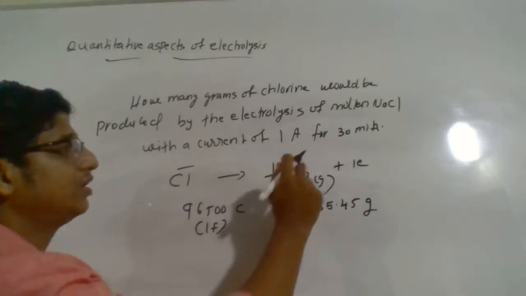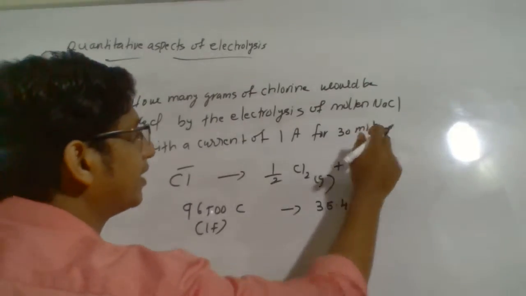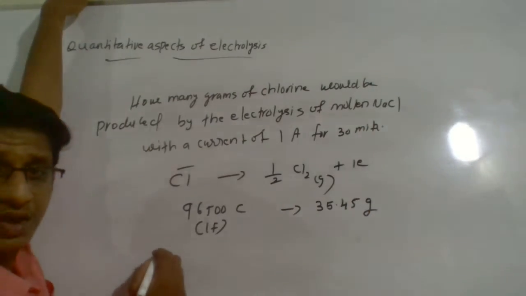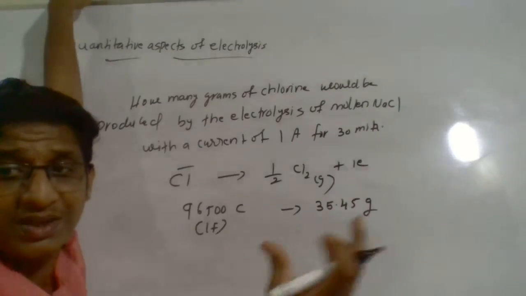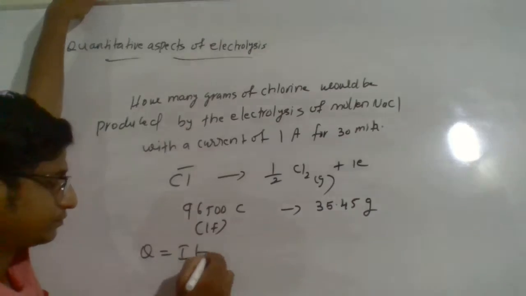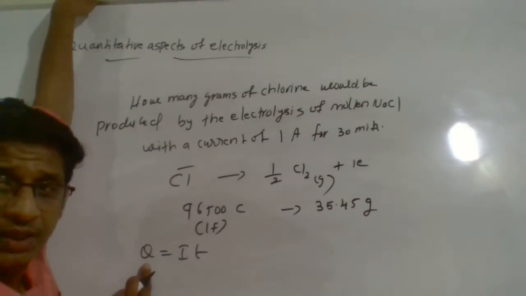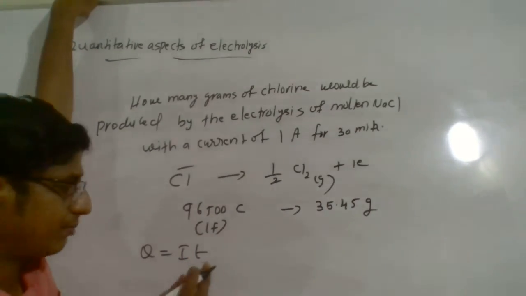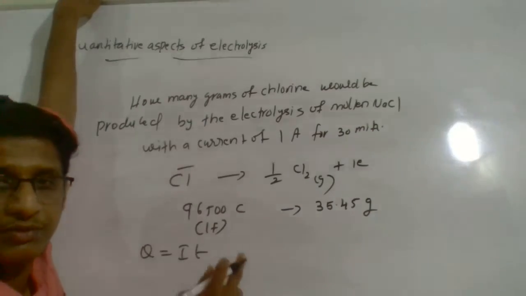Now our question: if you pass current 1 ampere for 30 minutes, how much electricity have you passed? We know Q is equal to I T. Q is the amount of electricity, I is the current in ampere, T is the time for which you pass it.